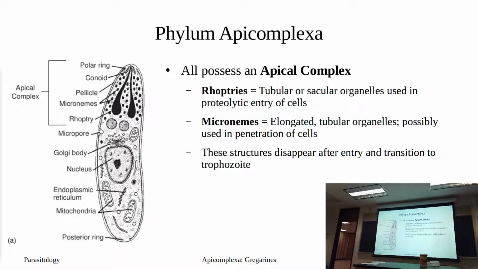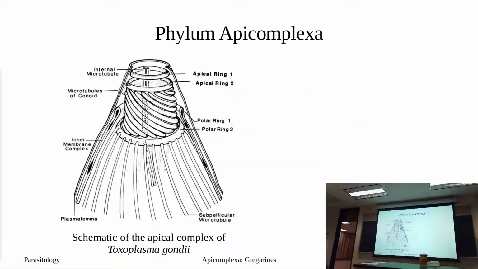So this is going to be a good one where you might have a diagram. This is a representative apicomplexan. What's this region? What are these structures? Or whatever. So this is a schematic of the apical complex of Toxoplasma gondii. Just so you can see, we have these apical rings, polar rings. There's three of them. You've got your conoids that are coiled and circular.